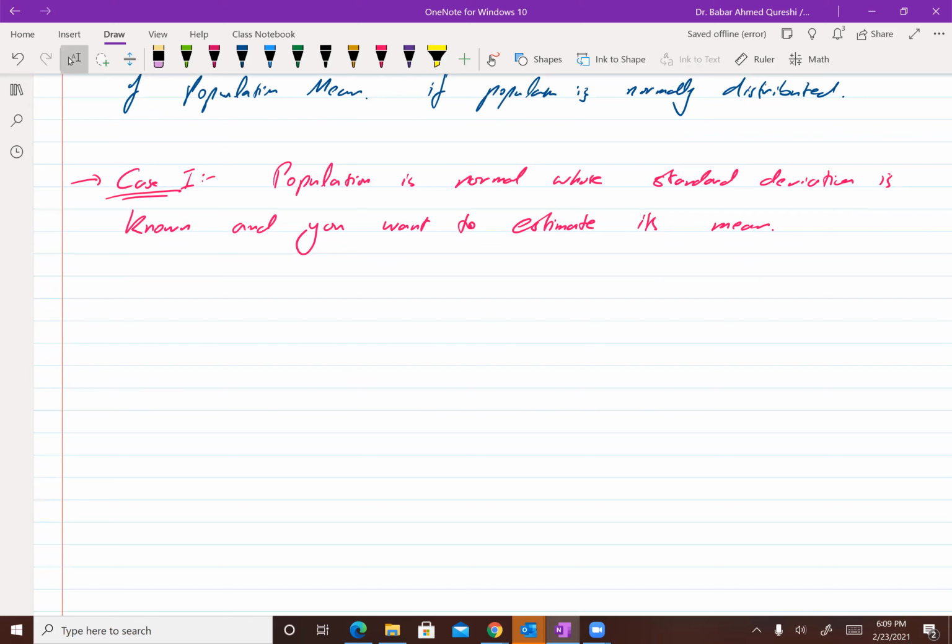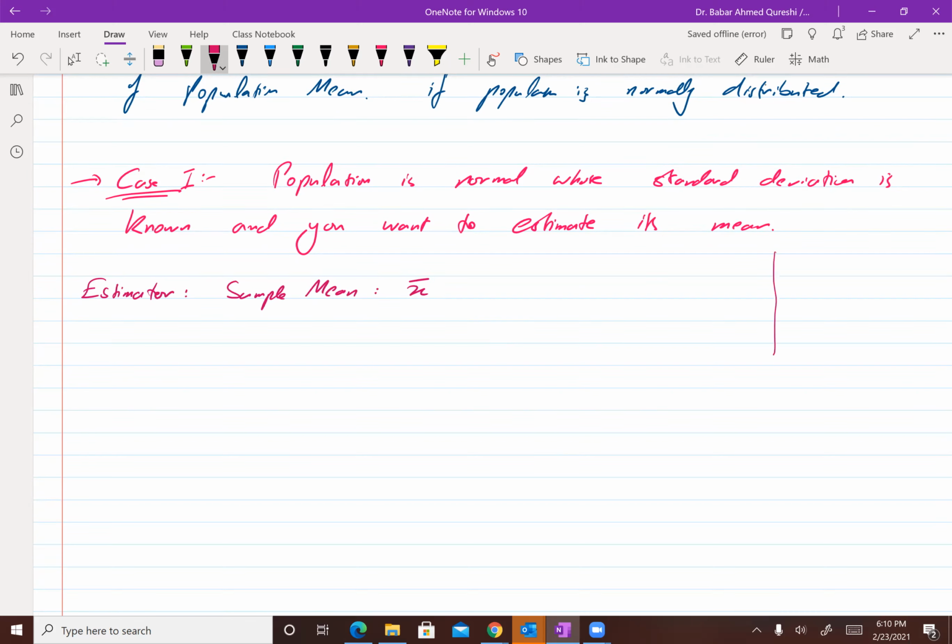So you will pick a sample, and you compute. In this case, your estimator would be the sample mean, which is denoted by X bar.